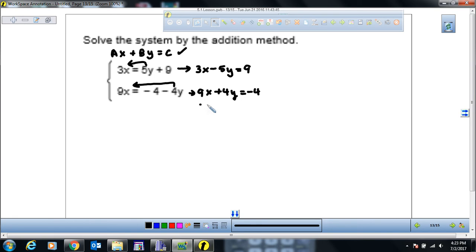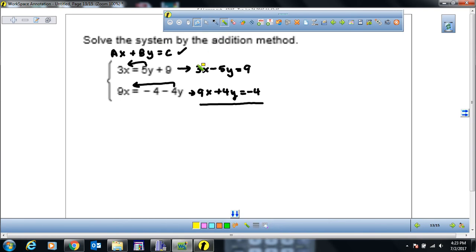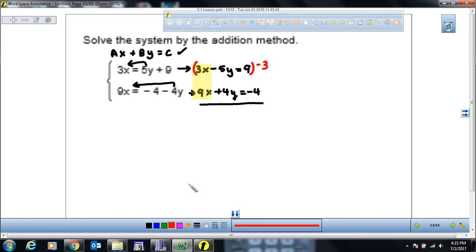Now, the second step in the process is that we need to multiply one equation or both so that the x's or the y's cancel. In this case, if we look at the x's, all we've got to do to make both of them the same is make the 3 become a negative 9, which is the opposite of 9, by multiplying this equation by negative 3.